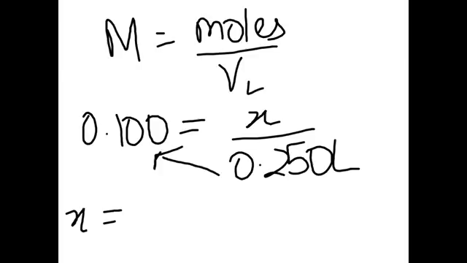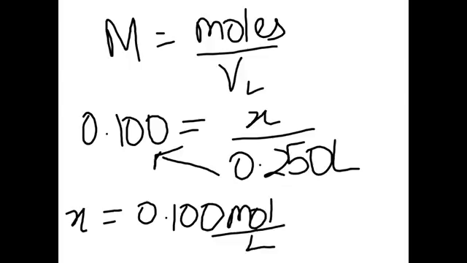Cross multiply, right? So 0.100. I'm going to write out molarity as moles per liter times 0.250 liters. Yes?